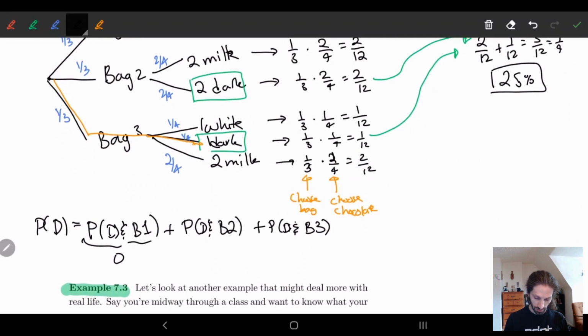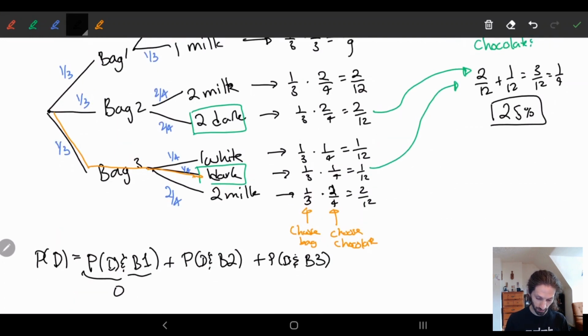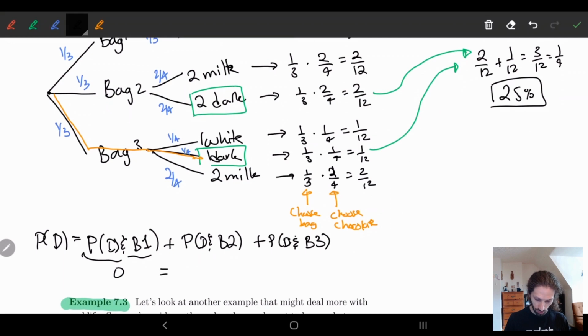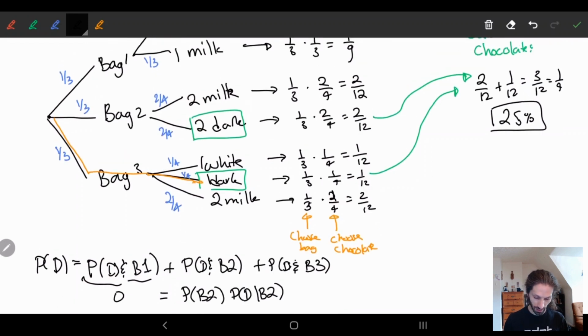Now, each one of these we can break down, and this is what these lines are coming from. This is equal to the probability of bag 2 times the probability that we have dark given that we had chosen bag 2. In other words, first choose bag 2 and then choose dark chocolate, so we have to add the information that we're given bag 2.